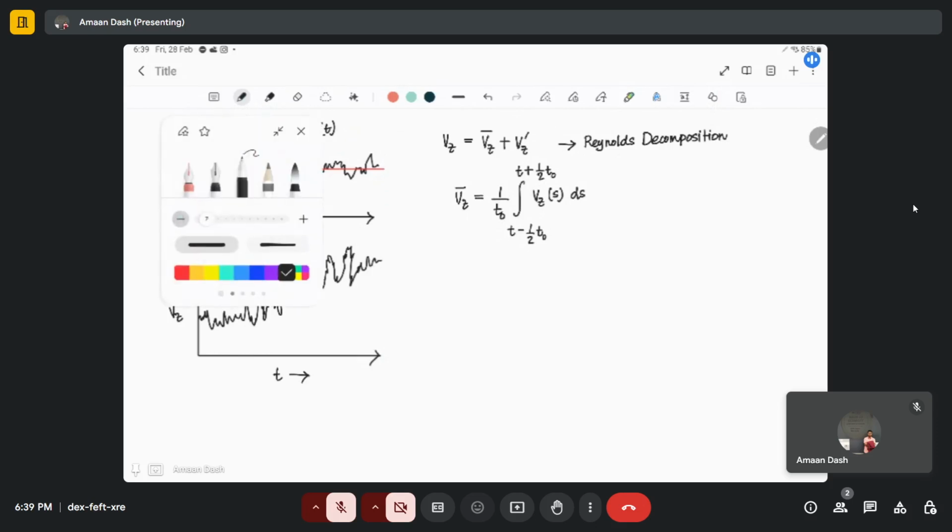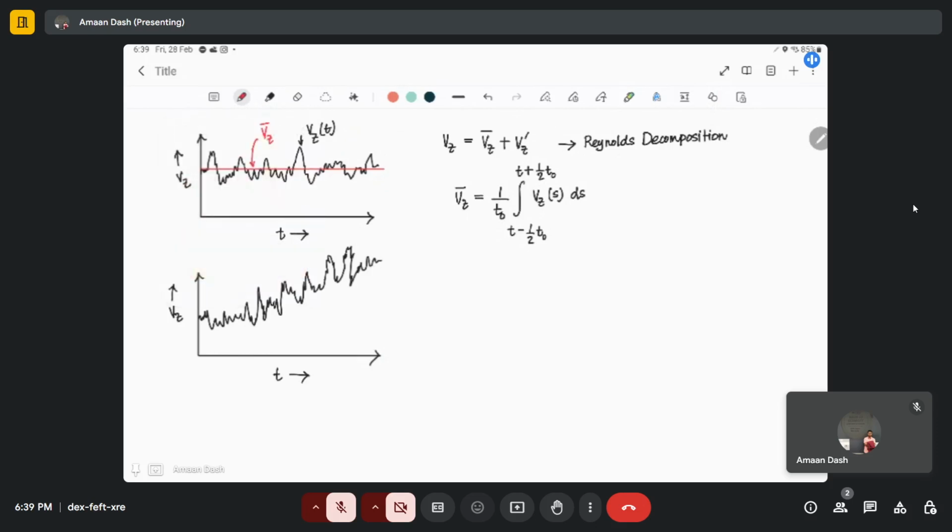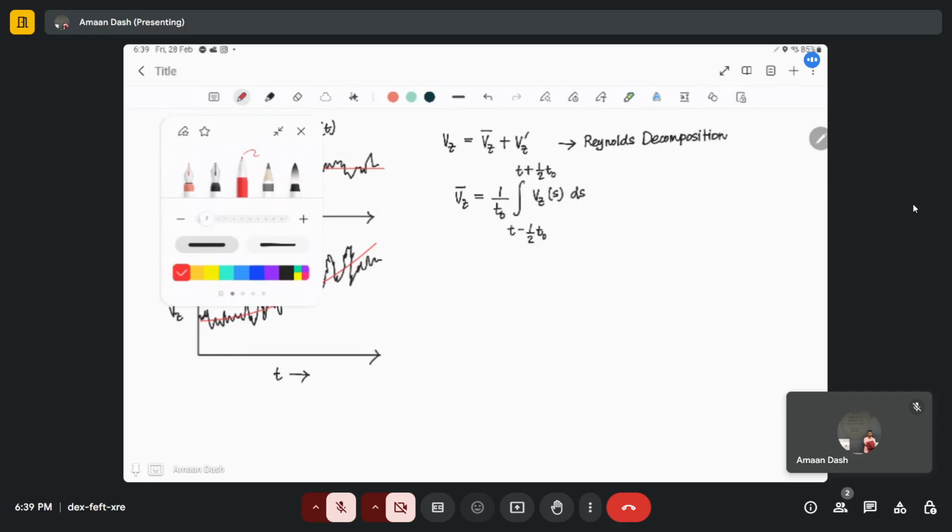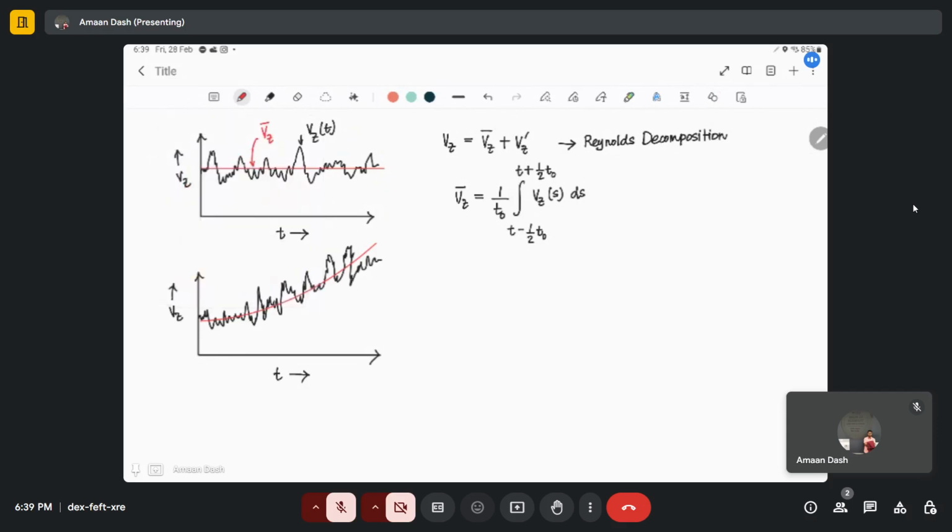So here you can see if we draw some average value, it will be something like this. So this is Vz bar, which is a function of time. Okay. So here Vz is actually a function of time.